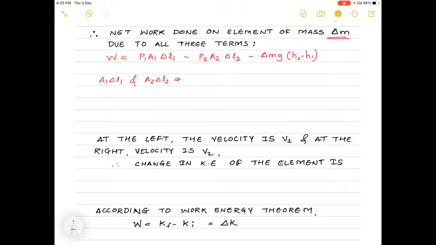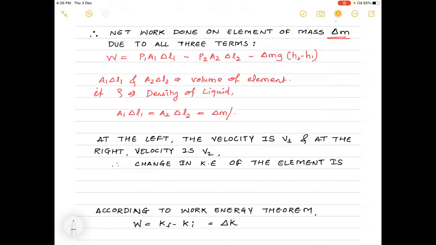A1 delta L1 and A2 delta L2 are the volumes of the element on the left hand side and right hand side. Now if rho is the density of the liquid, then we can write A1 delta L1 equals A2 delta L2 equals delta M by rho.